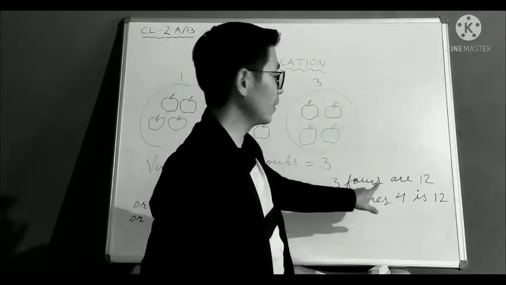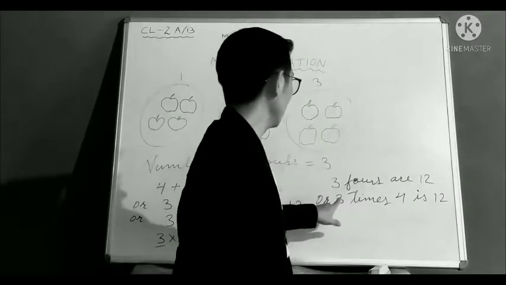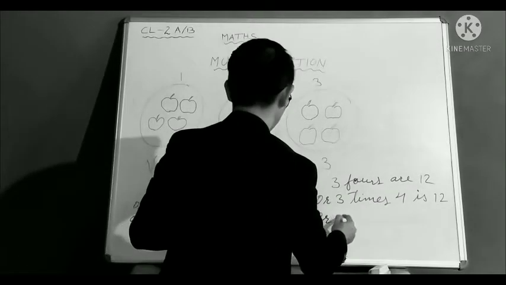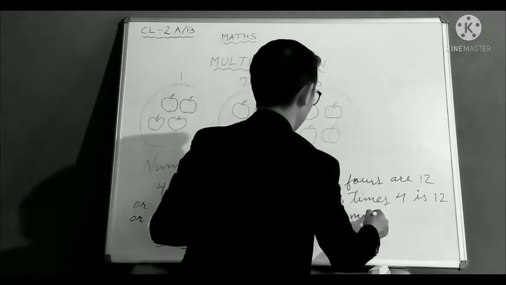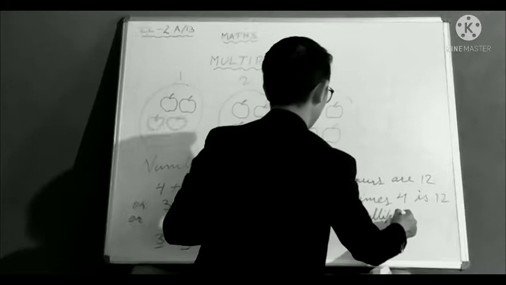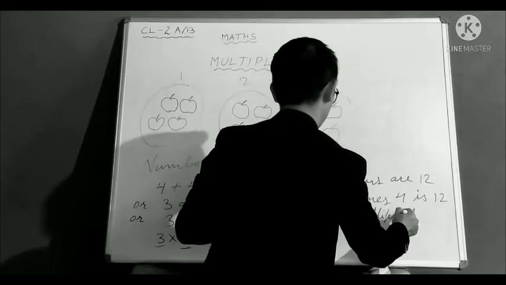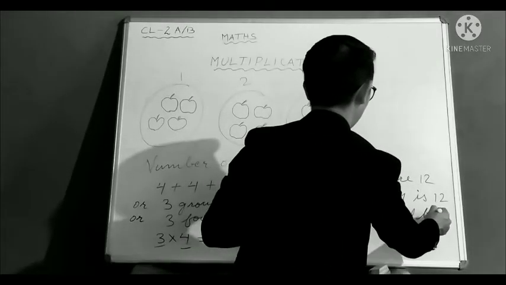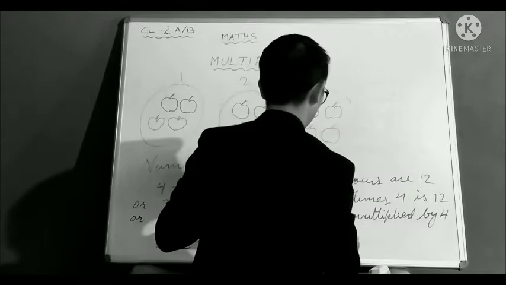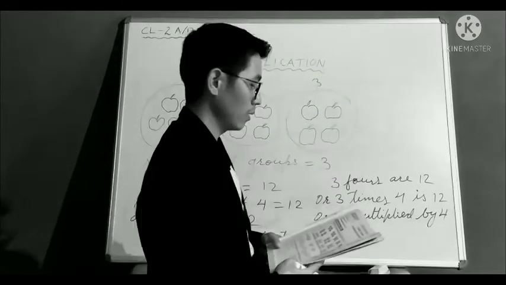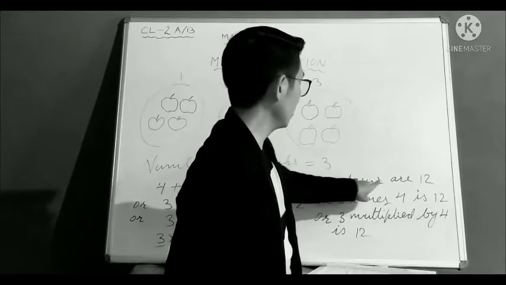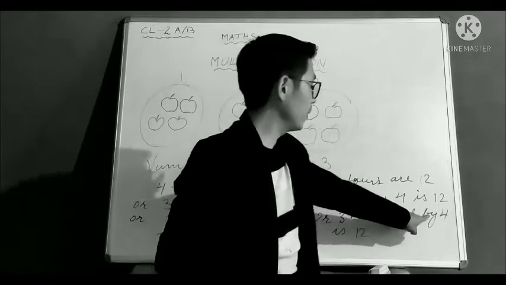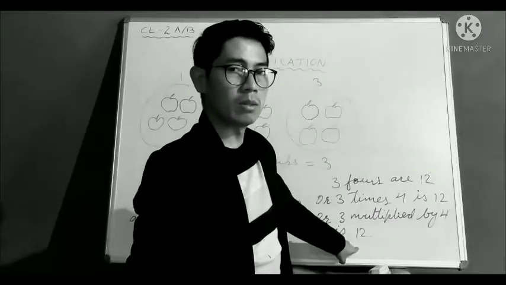There are many ways to read this. 3 fours are 12, or 3 times 4 is 12, or 3 multiplied by 4 is 12. Okay, this is how you read it.